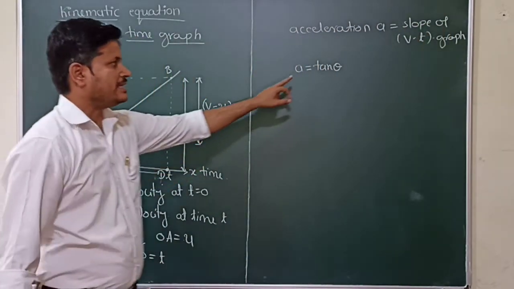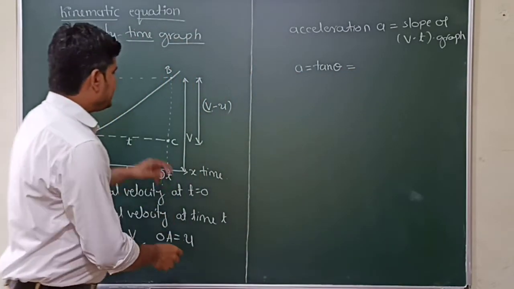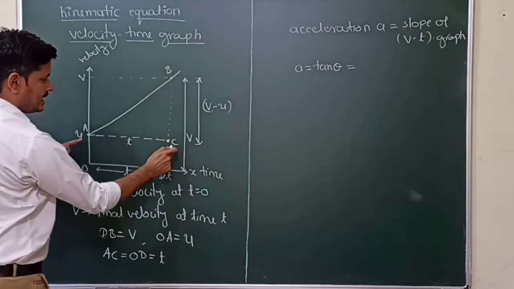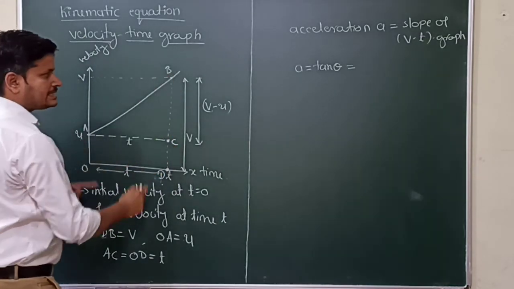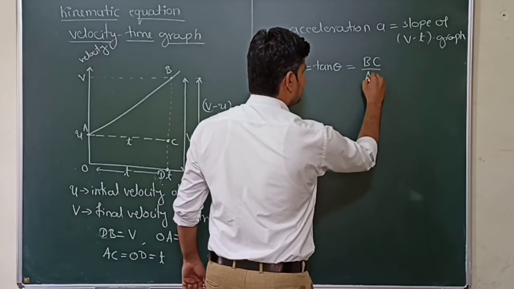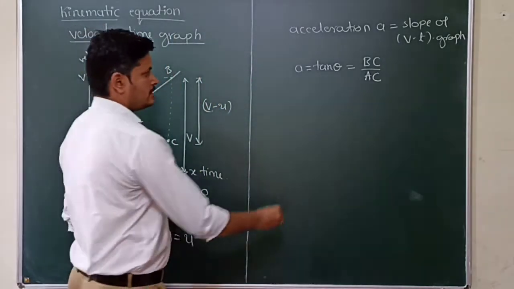That is tan theta. a equals tan theta. What do you mean by tan theta? That is this slope, BC divided by AC.